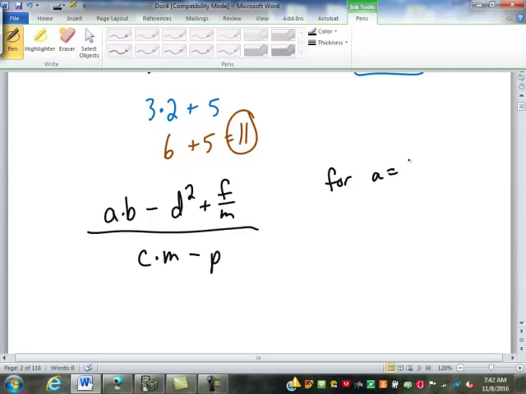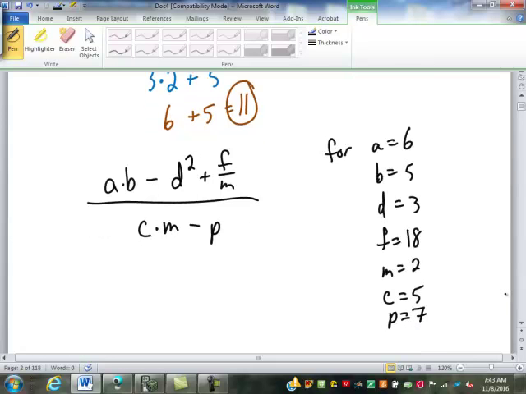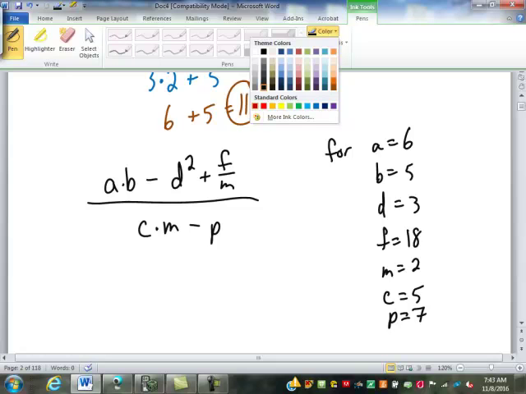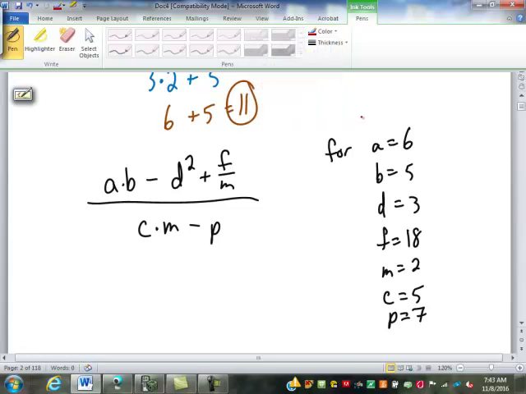For a equals 6, b equals 5, d equals 3, f equals 18, and m equals 2. C equals 5, and p equals 7. So we have to replace every letter here with a symbol or with a number.